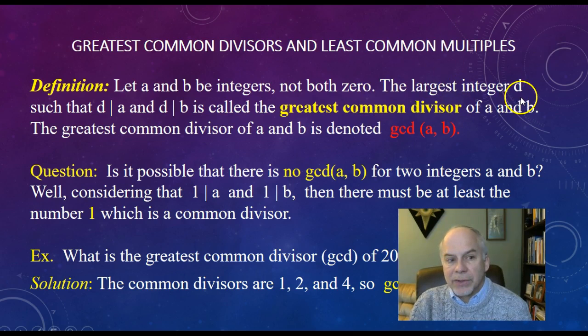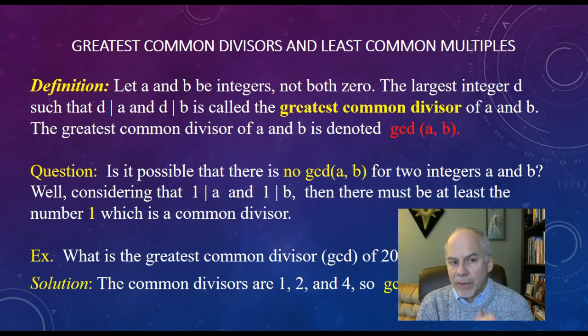The largest integer d, such that d divides a and d divides b, is called the greatest common divisor of a and b. So it's just the largest divisor that divides both of the numbers. Now this greatest common divisor of a and b is denoted as GCD(a, b). So it's simply the greatest number that divides into both of the numbers.